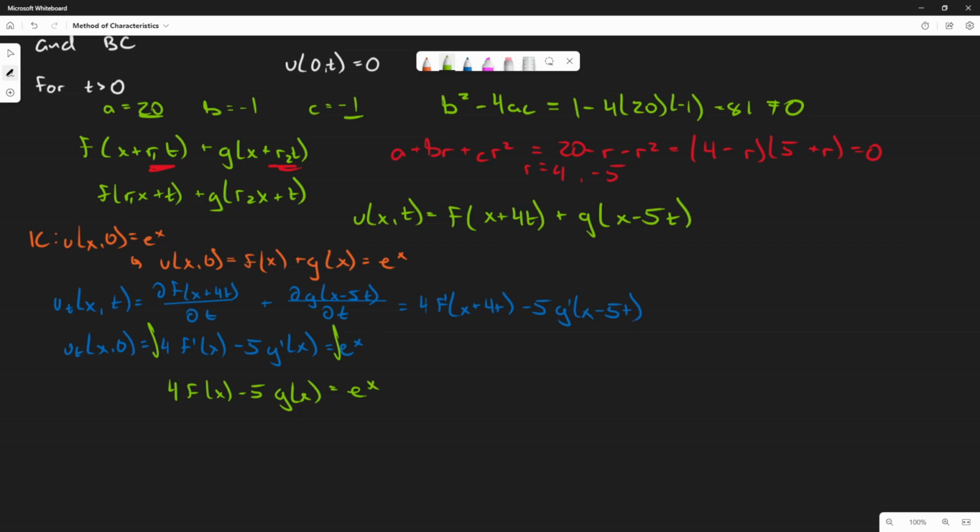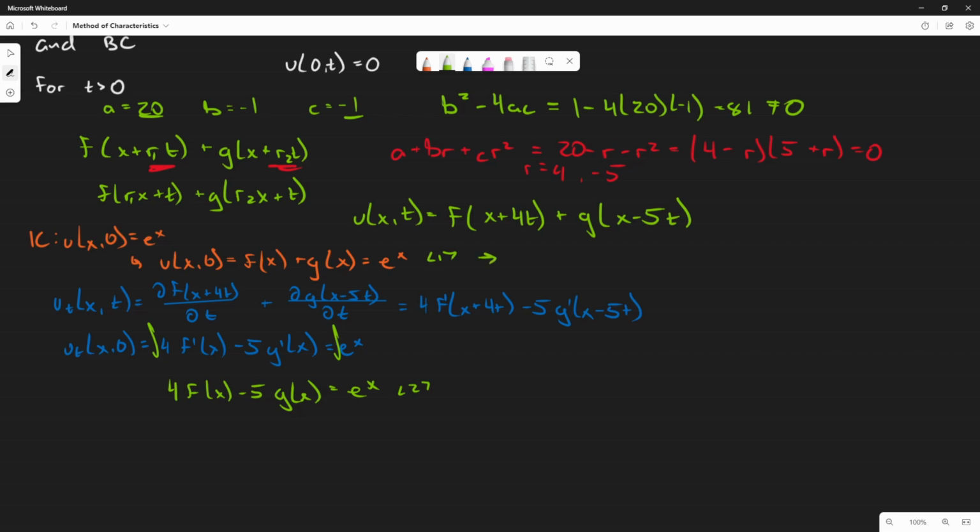So now we have two equations with two unknowns, and we can use any method for solving a system of equations. It could be matrices or substitution. I'm going to do substitution, and I'm going to be substituting f of x.